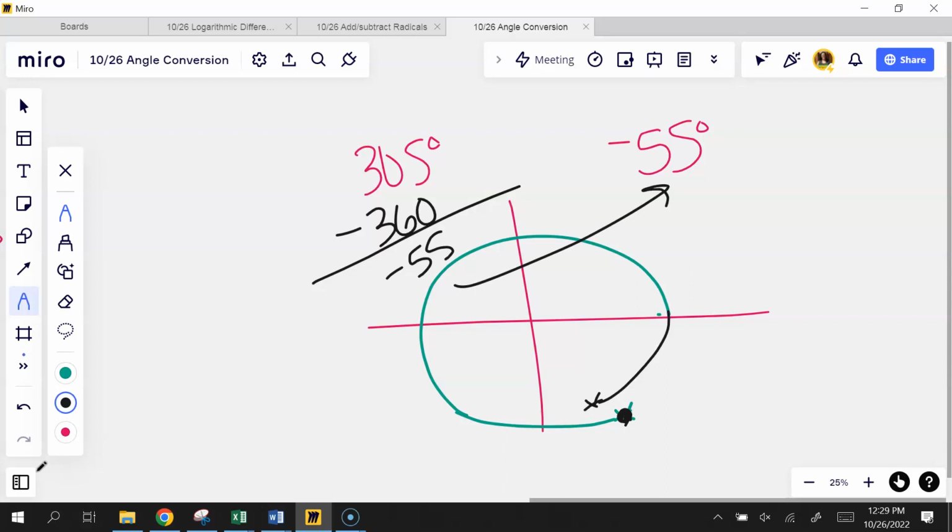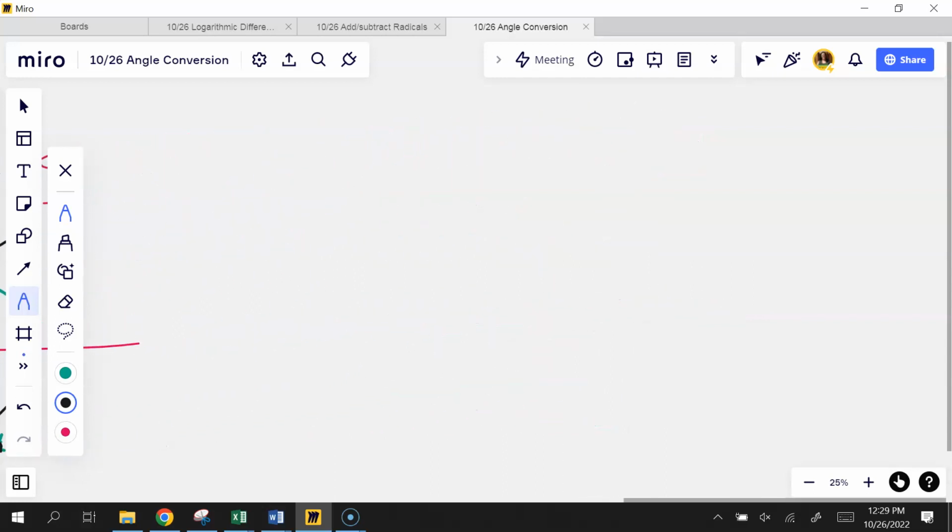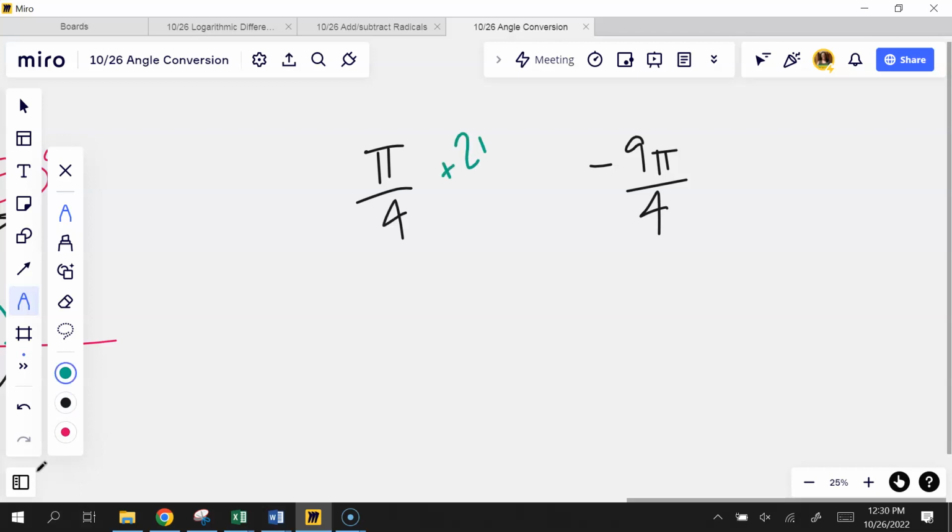What's all the way around the circle in radians? 2 pi. So if you look at 21, I've got pi over 4 and negative 9 pi over 4. Take either one of them. For the positive one, you could subtract 2 pi and see if I end up here, or here I could add 2 pi to see if I end up back here.